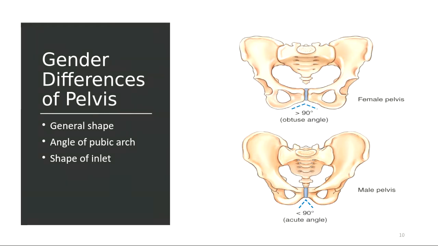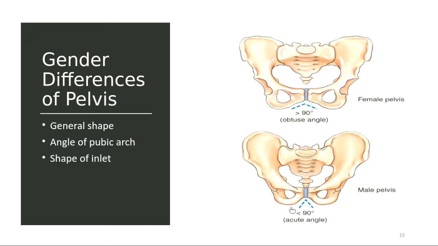They tell us the general shape of the male pelvis tends to be narrower, less flared. The wings of the ilium, the ala, are less flared. The angle of the pubic arch tends to be more acute, or less than 90 degrees. The angle is measured by the inferior rami of the pubis.